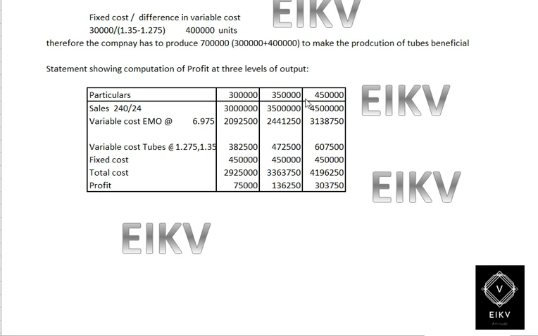And for more than 3,50,000 units, it is better to purchase from outside. Therefore, 1.35 multiplied by 3,50,000 will give you 4,72,500. And for 4,50,000, it is better to purchase from outside, so 1.35 multiplied by 4,50,000 will give you 6,07,500. Then we have fixed cost of 4,50,000 each.